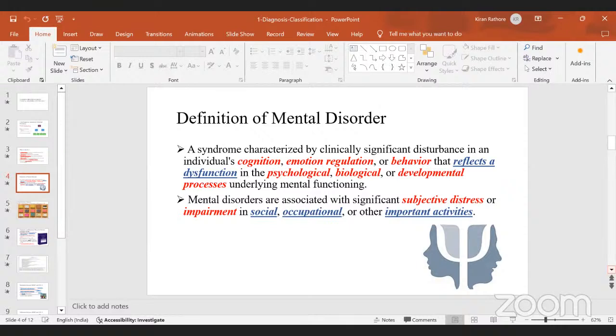That is what we call a mental disorder. Mental disorders are associated with significant subjective distress or impairment in social, occupational, or other important activities of a person's life.